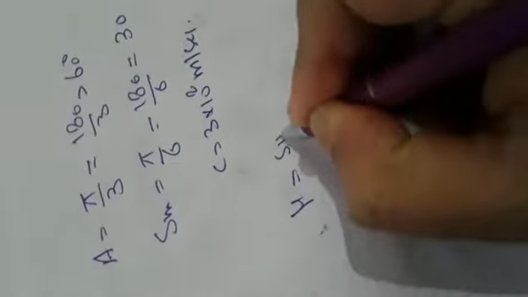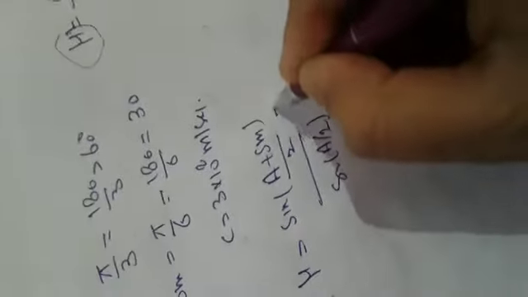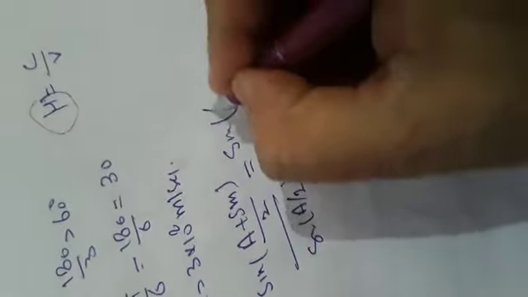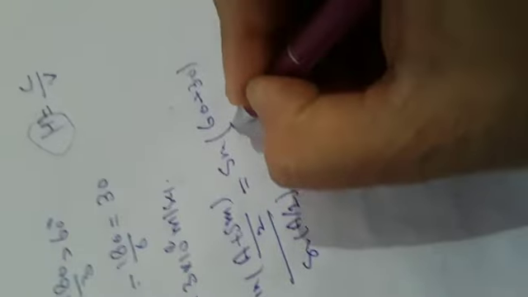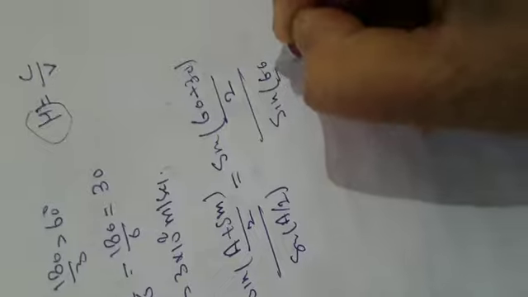We have seen that in minimum deviation, mu is equal to sin of (A plus delta M) by 2 divided by sin of A by 2, which is sin of (60 plus 30) divided by 2 divided by sin of 60 divided by 2.